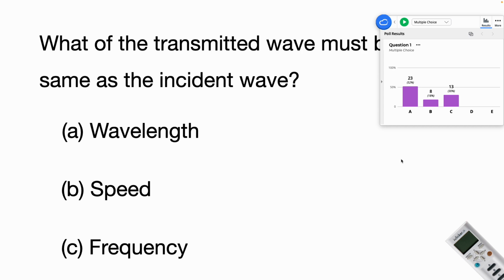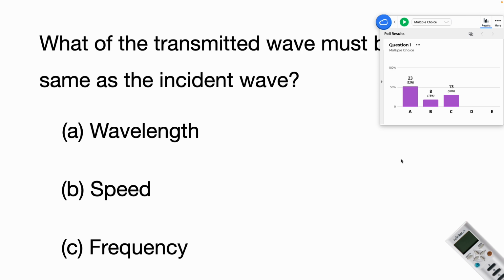So if an incident wave hits the medium 2 times per second, then in the new medium, the new wave will be generated 2 times per second. So the frequency of the incident wave hitting the medium will be the same as the frequency of the transmitted wave. So the frequency will always be the same.